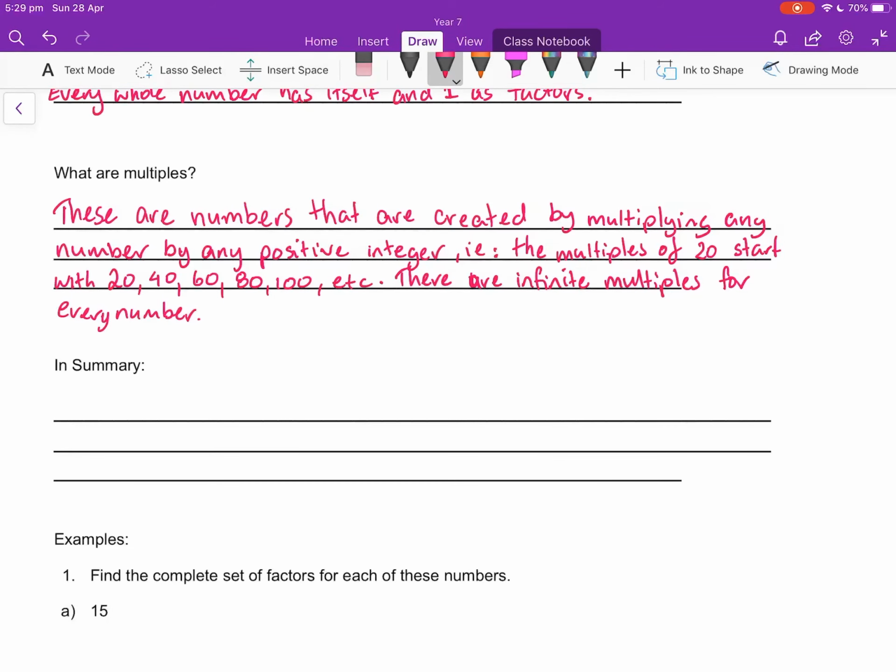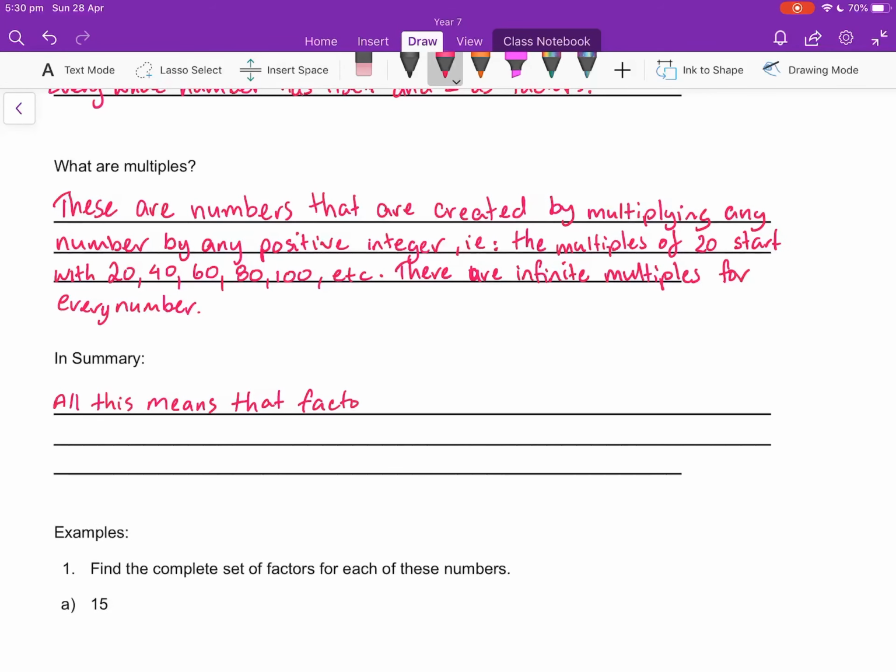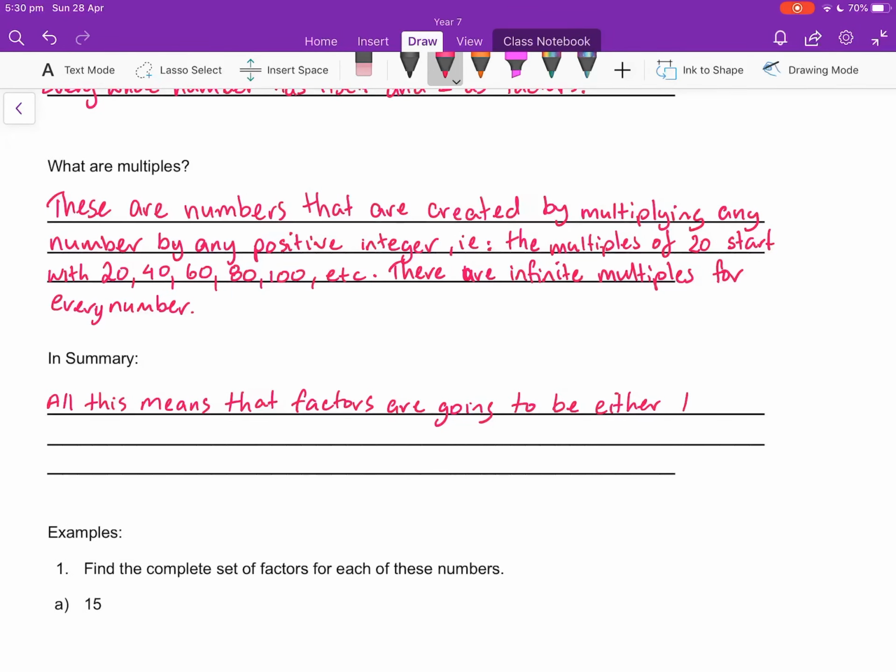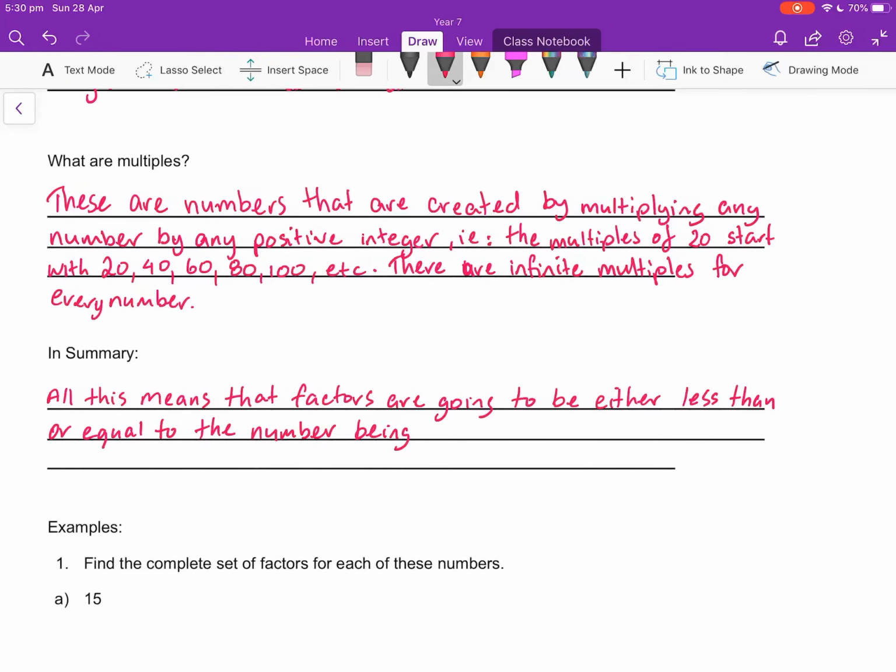So all this means, in summary, is that factors are going to be less than or equal to our number being considered, so the number that we're thinking of, such as 20 from our example, and multiples will be bigger.